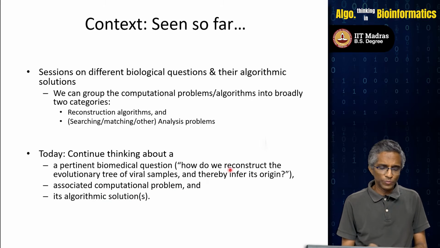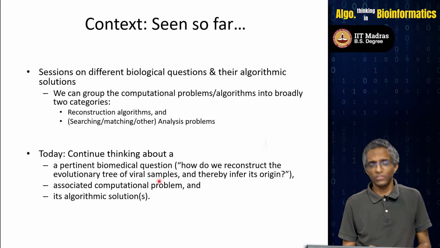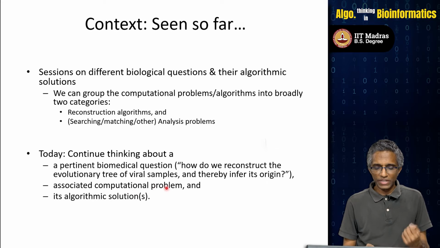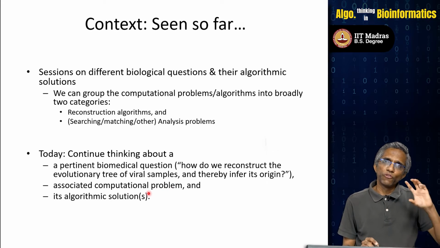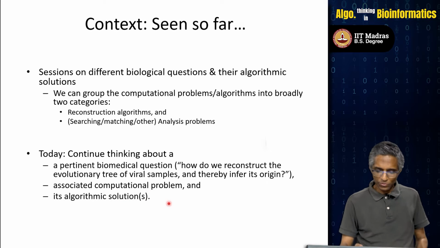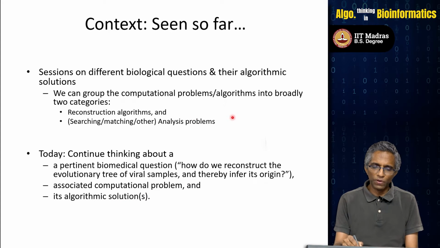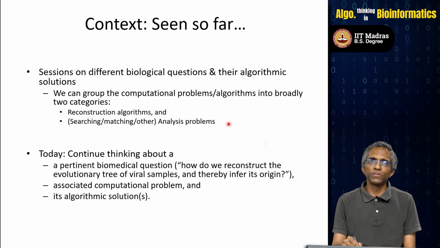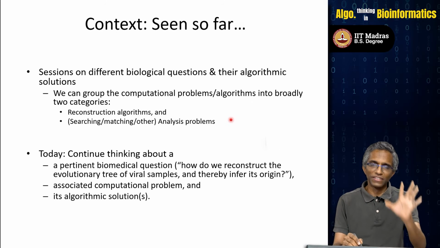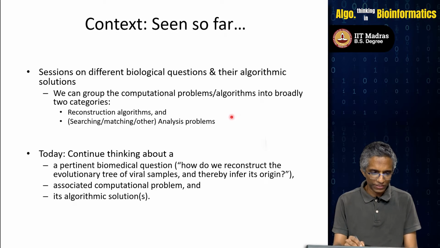And to address this problem, we are going to look at an associated computational problem, right. Given a set of sequences, how do you construct this tree, how do you formulate it concretely, and then some algorithms towards solving the same. Okay. Let us look at these 2 points a little bit more carefully, so that we put it square and front in the context of this particular course, right.